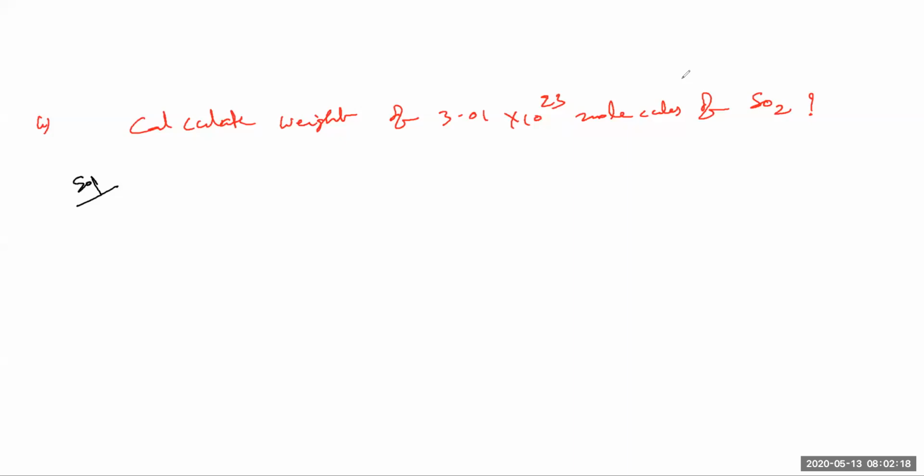That is also wrong answer. 64. Yes, this is, who is this? Ashok. Yeah, Ashok, 32 is the right answer. 32 grams. 32 is the right answer.